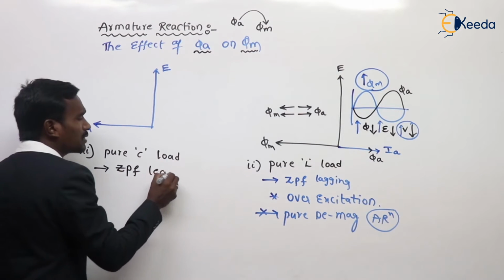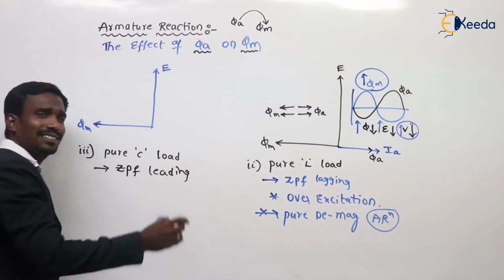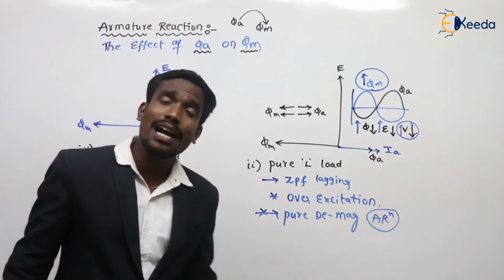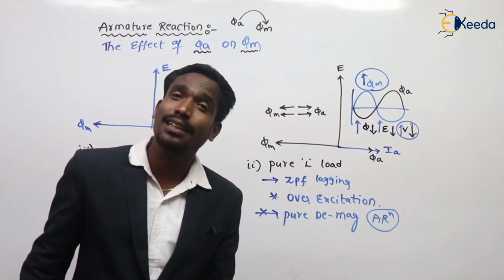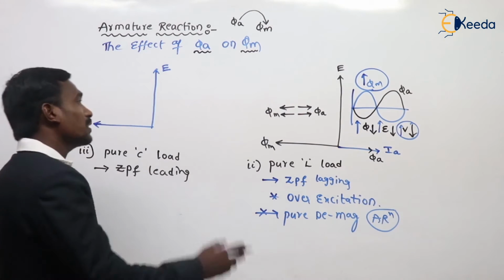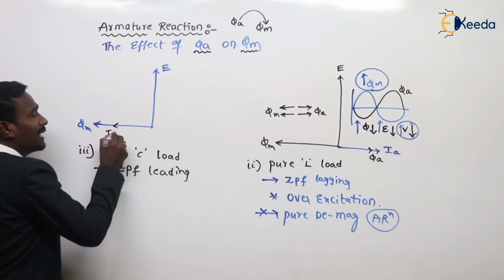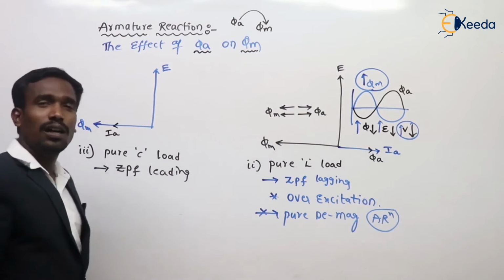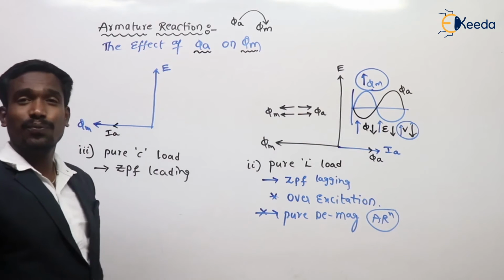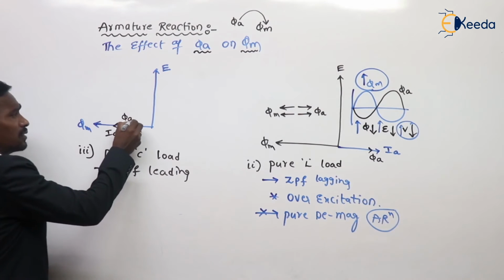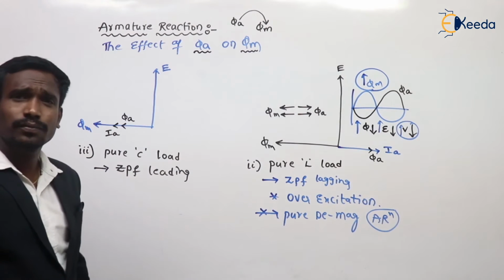Zero power factor leading. What is the angle between voltage and current in the armature? The armature current is 90 degrees leading to the EMF, and our armature flux is also the same.